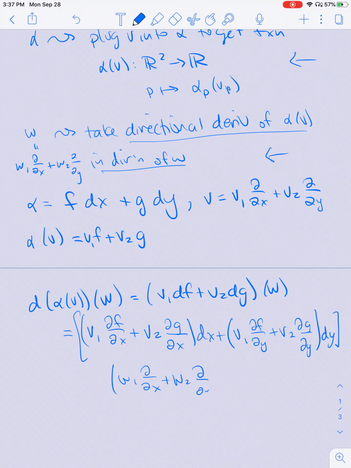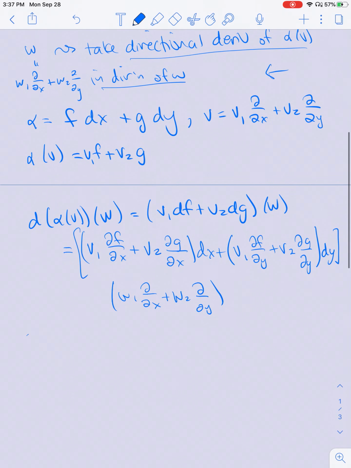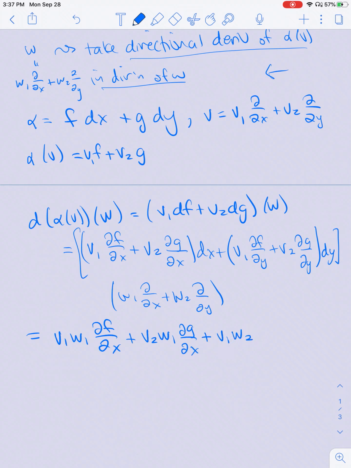Okay, so then plugging everything in, I'm going to get v1 w1 df dx plus v2 w1 dg dx plus v1 w2 df dy plus v2 w2 dg dy.